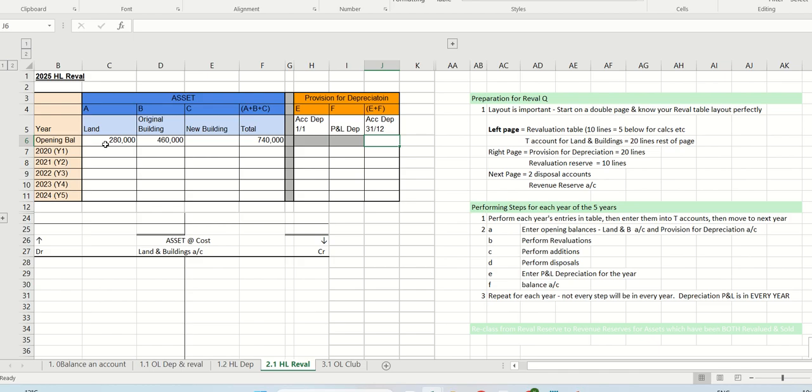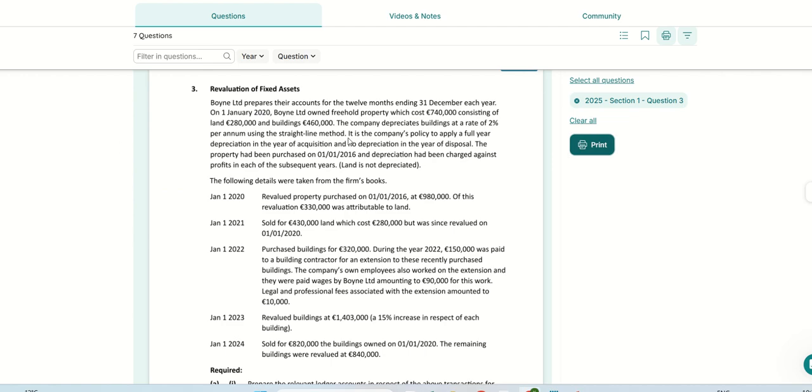Now we need to calculate the opening depreciation. So back to the question here. The property was purchased in 2016. Okay, so we had it for 16, 17, 18, and 19. So we had it for 4 years.